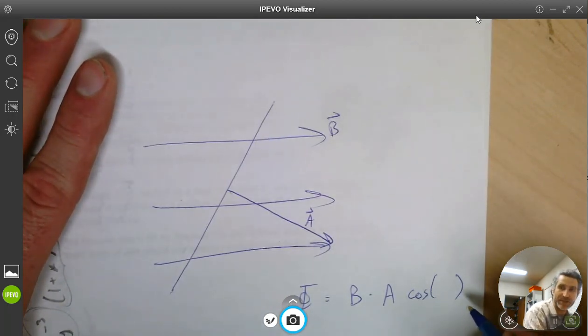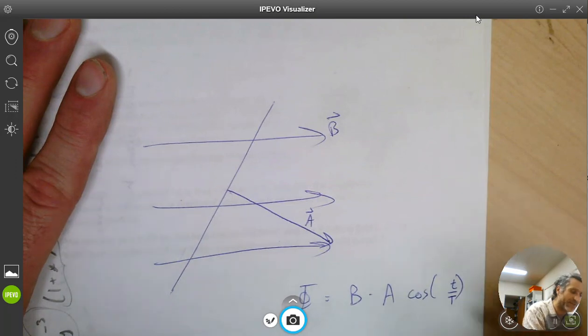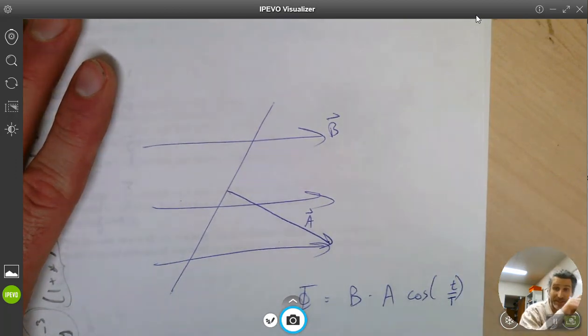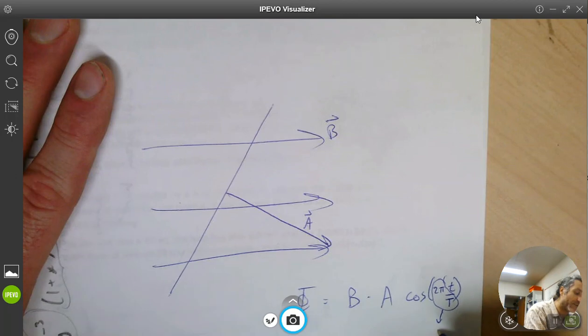This is a point that will help bridge to our discussion about waves, which is also related to our discussion of phasors in our circuit analysis. I like to think of it like this: if you get up to some particular time, then you've reset. And because cosine repeats itself over a 2 pi time scale, we're going to throw in a 2 pi in there. That 2 pi over T we call omega.